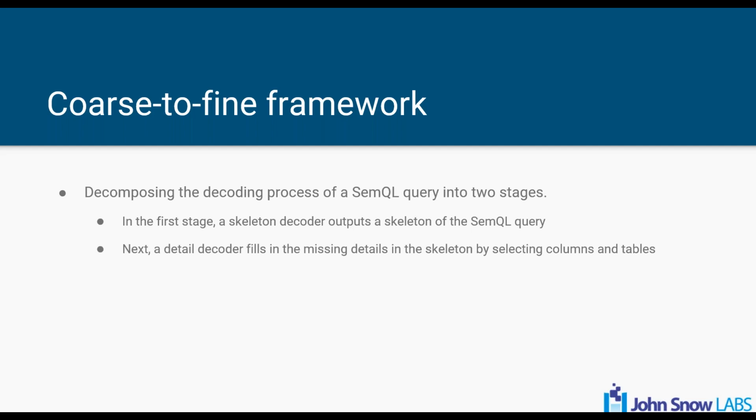We can do this in two stages, and that is what the coarse-to-fine framework means. First, it will output a skeleton decoder based on the SQL query, and then a detailed decoder is there to fill in the missing details, like the columns and table names. That is how the coarse-to-fine framework works.